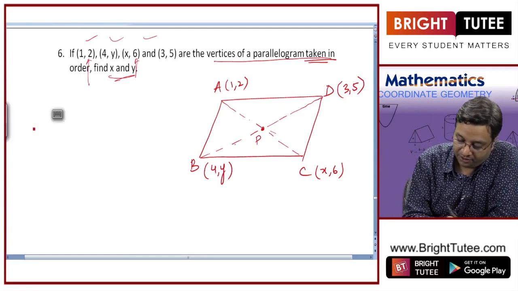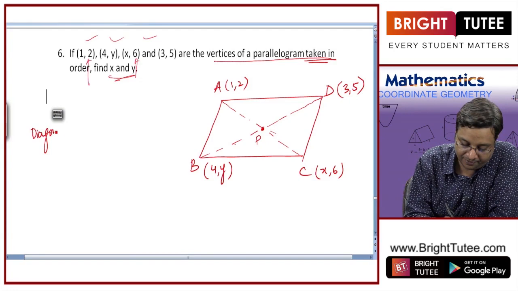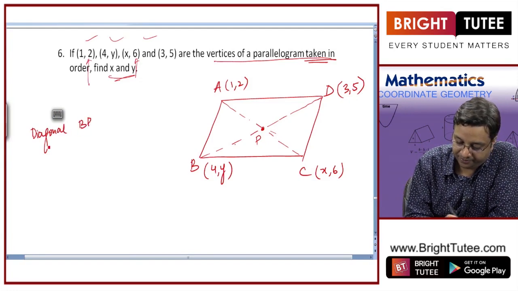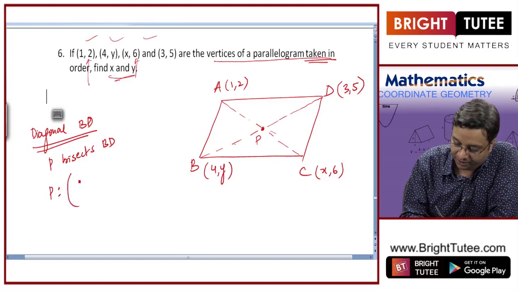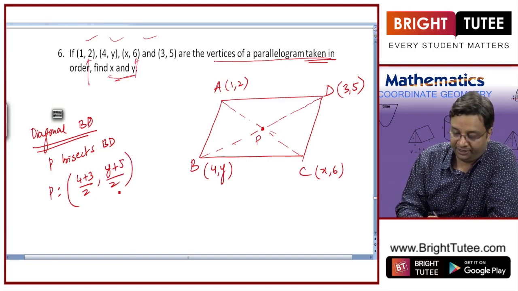So looking from the perspective of diagonal BD, P bisects BD. So coordinates of P are (4 plus 3)/2, (y plus 5)/2, right?